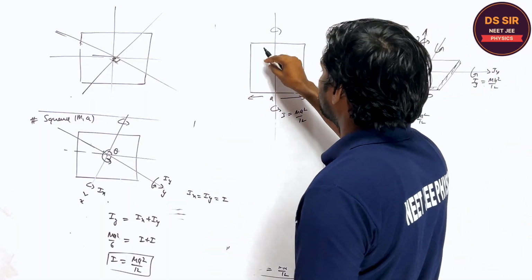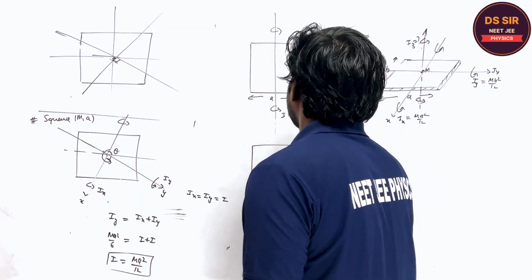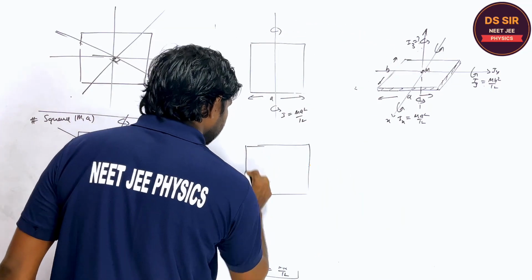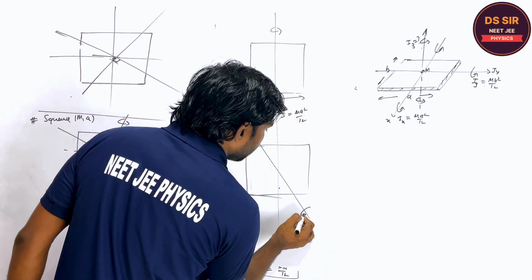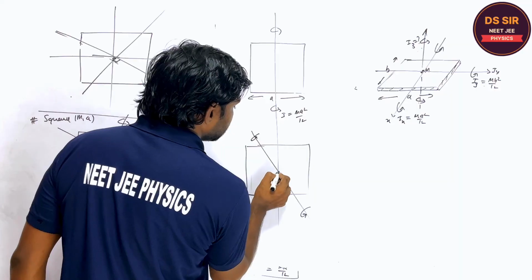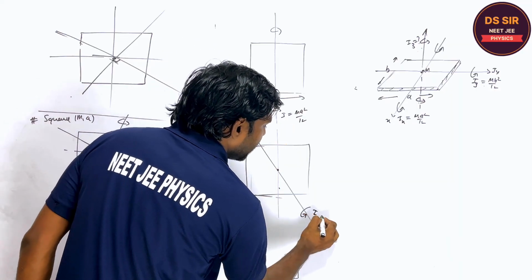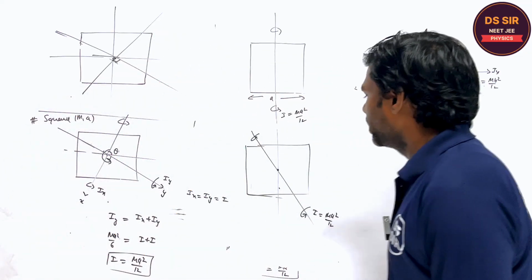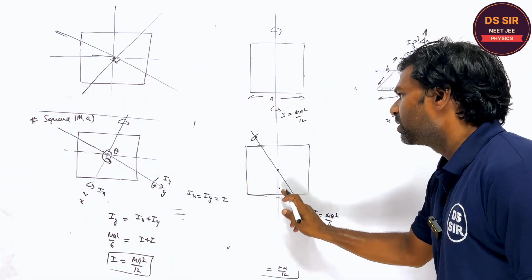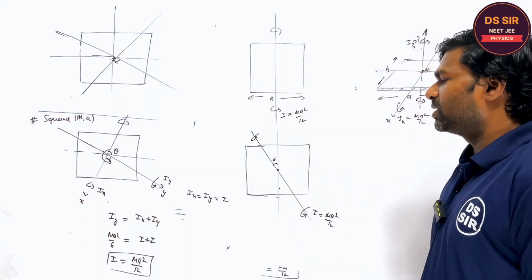And if you tilt this axis by some angle, suppose this is the same square, what is the moment of inertia about this axis passing through the center of mass? I is equal to Ma square by 12 again. Are you getting or not? At any angle, it may be alpha, it may be theta.